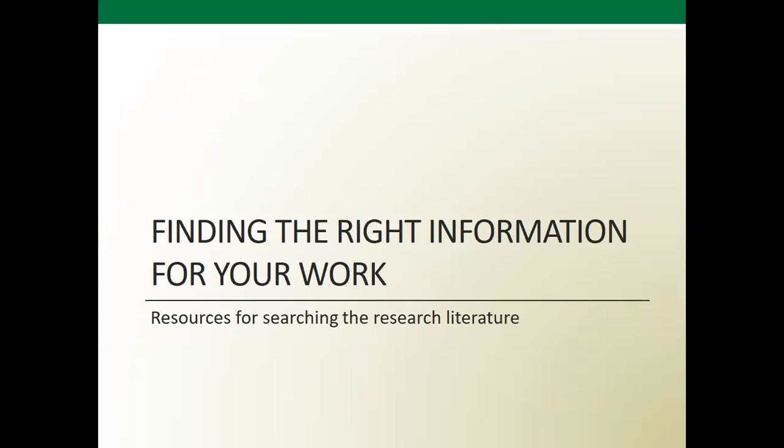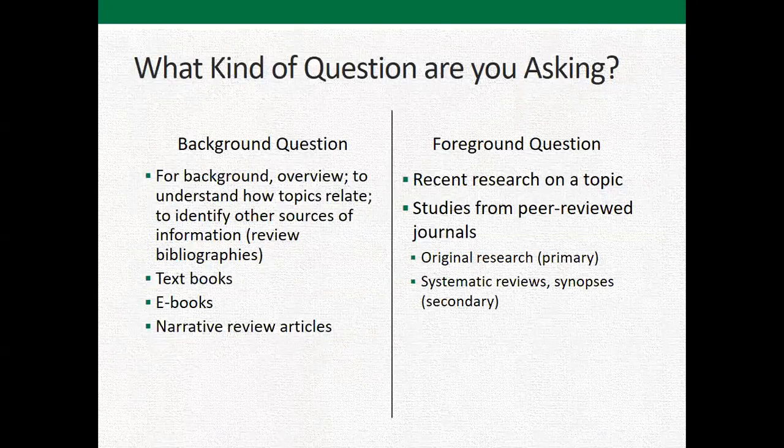All right, we're going to talk about resources for searching the literature. To start with the basics, you need to start with what you are looking for. Are you looking for background information, something to bring you up to speed on a topic you're not that familiar with or haven't visited in a while?